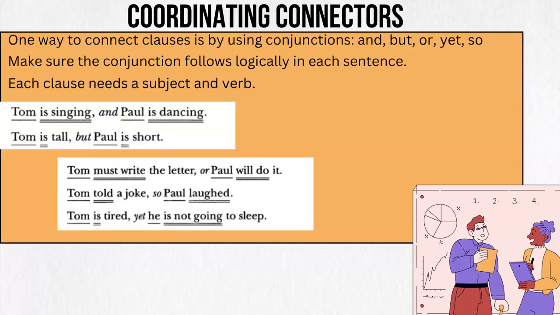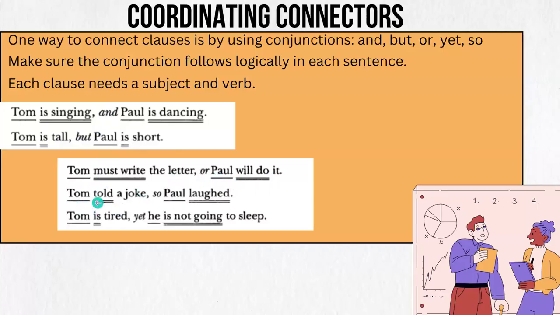Let's look at this example. Tom must write, subject and verb, the letter, or connector, Paul will do it. The conjunction or shows options. That's why this is correctly used.